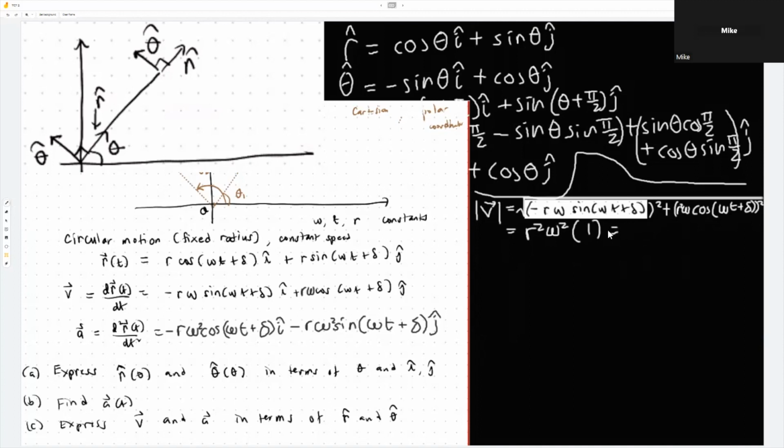Teka, saan napunta yung square root? Okay. So at the end, that's just the velocity. So omega is yung tinatawag na angular velocity.